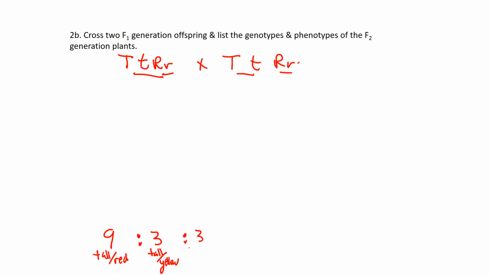And the other 3 is going to be that one recessive now, so short, but the other one dominant, red. And 1 is going to be double recessive, so short and yellow.